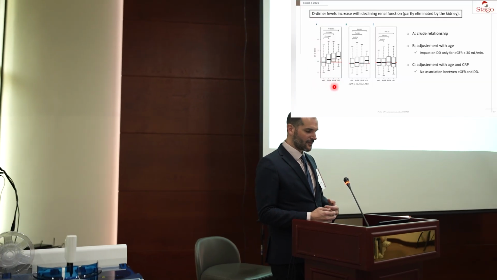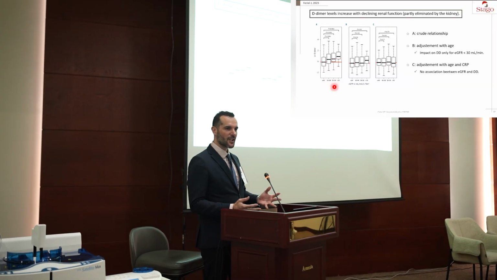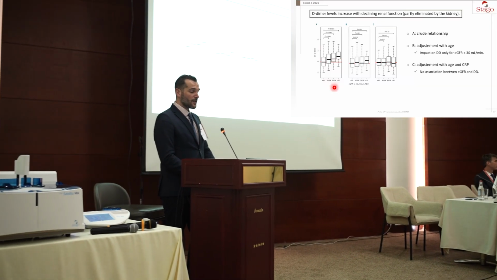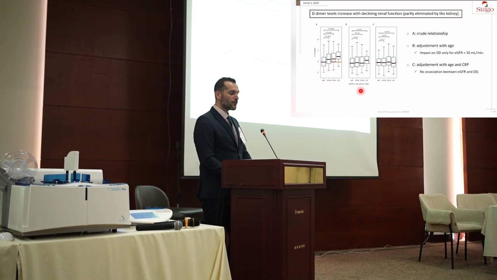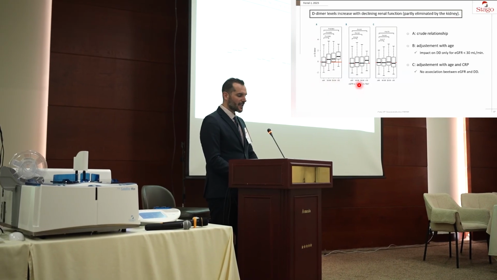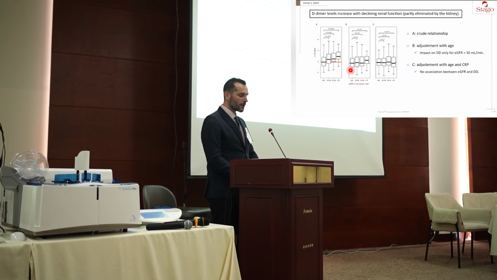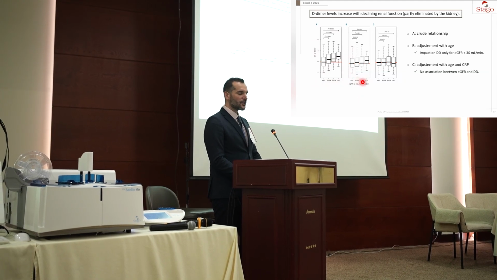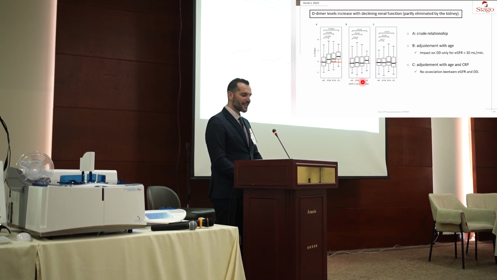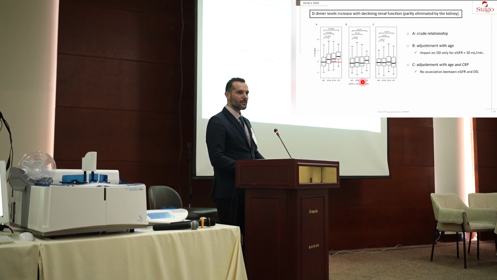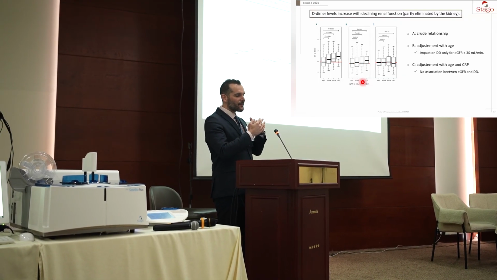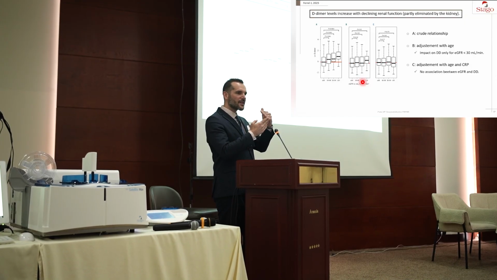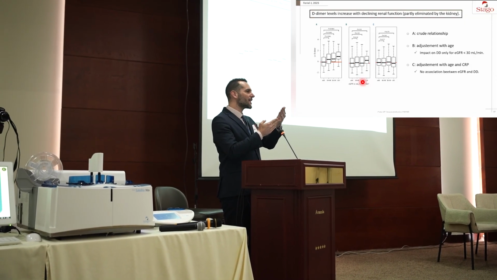So, yes, there is a correlation between the two. But after that, when you look at part B, you have the relationship between the D-dimer levels and the degree of renal impairment after adjusting for age. Because you know that older patients are more prone to have a renal impairment.